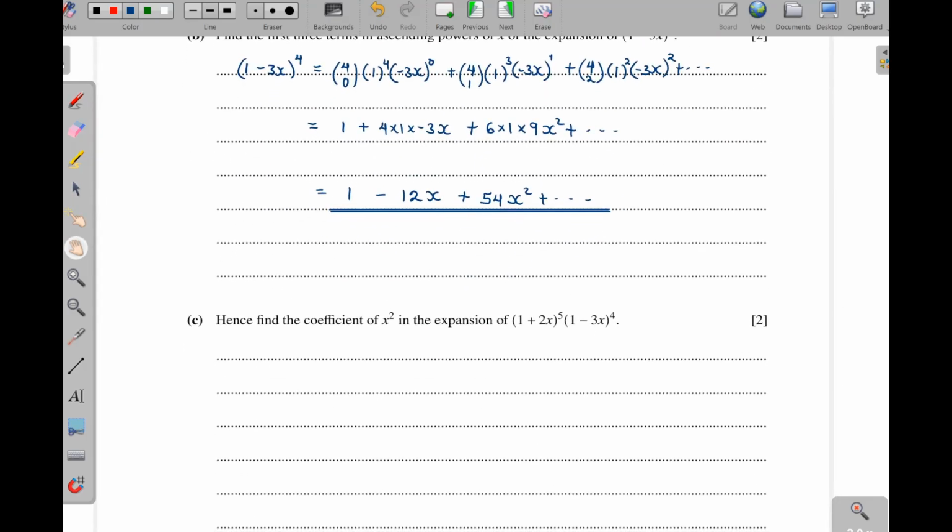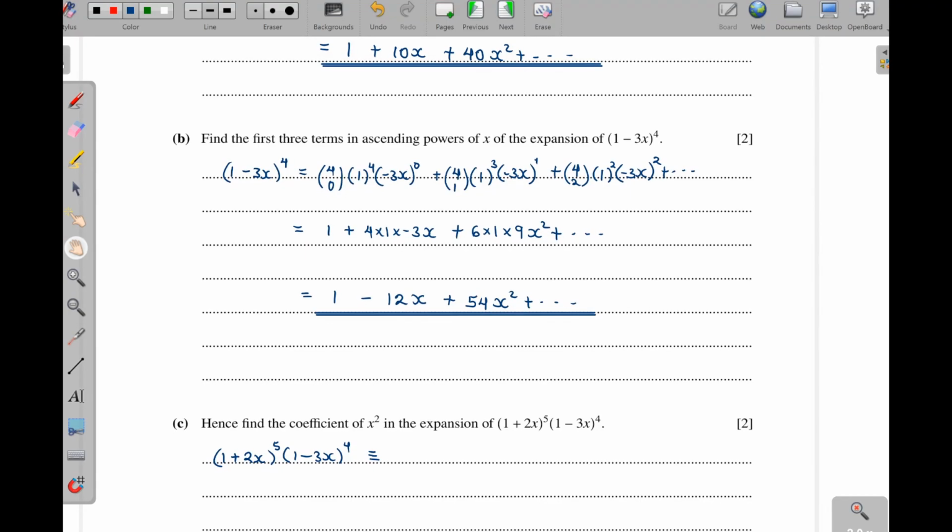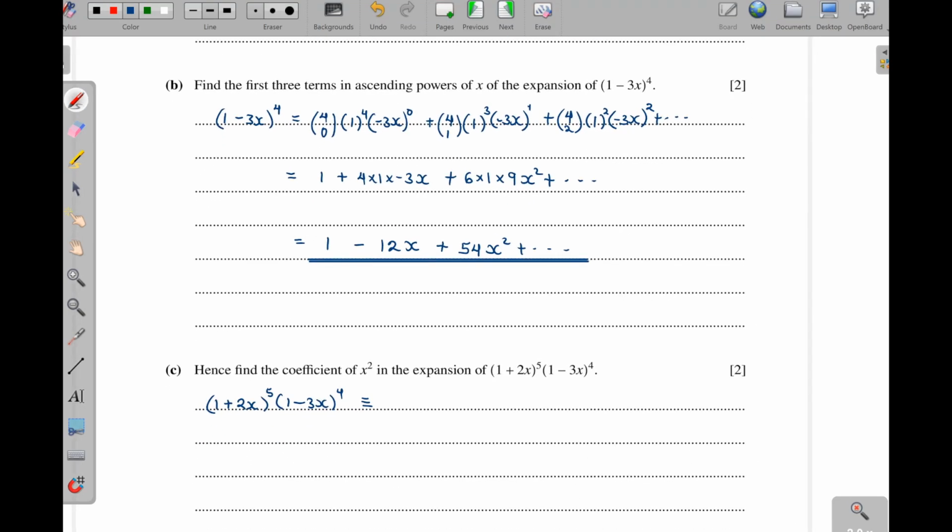Then part C, hence find the coefficient of x squared in this expansion here. So 1 plus 2x to the power of 5, then times 1 minus 3x to the power of 4. So we got the expansion of the first one here, which is 1 plus 10x, then plus 40x squared, and the rest of the other terms.